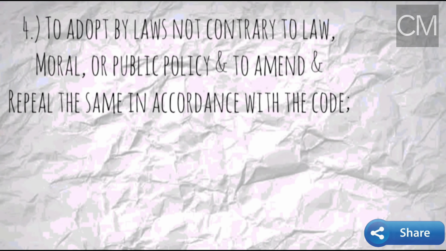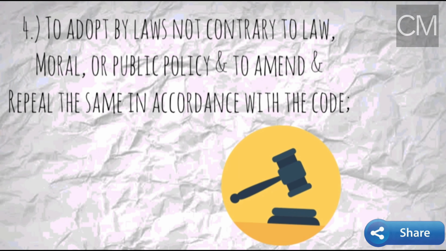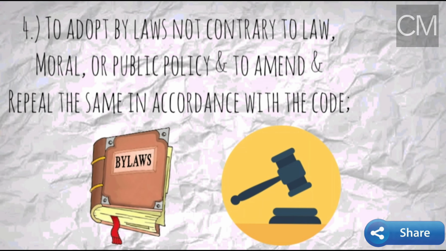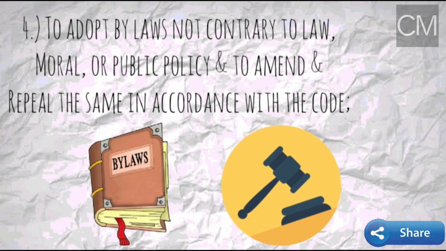Fourth, to adopt bylaws not contrary to law, morals, or public policy, and to amend and repeal the same in accordance with the code, meaning each cooperative to be registered under Republic Act Number 9520 shall adopt bylaws not inconsistent with the provisions of RA 9520.